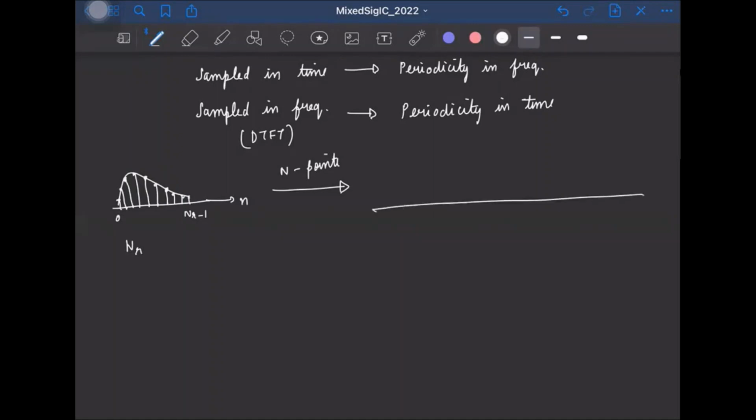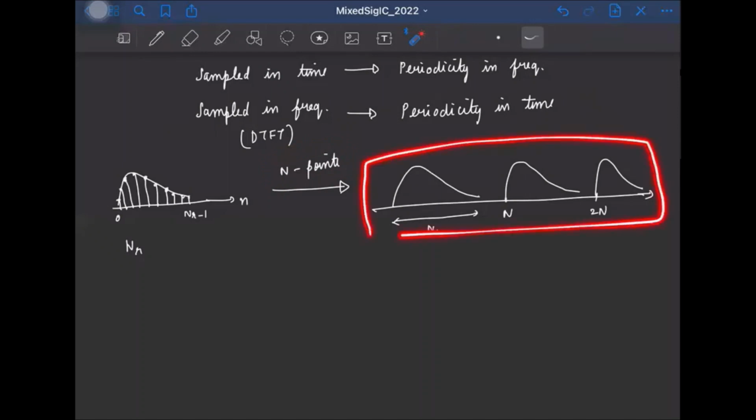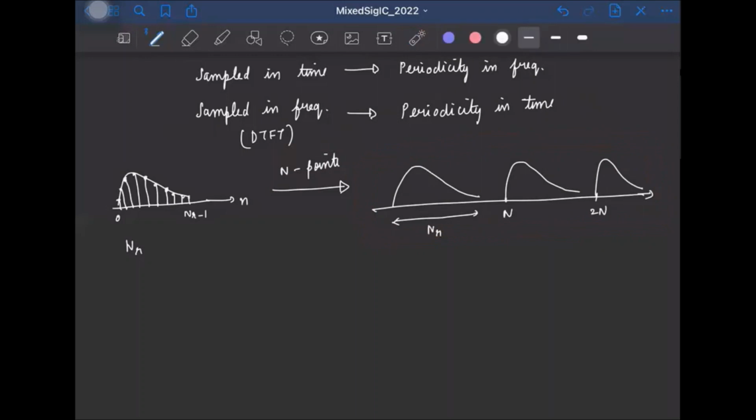What I'll get is the following. I'll have the same signal, but I'll also have a periodic repetition of the signal again, and this period will be N. So what this operation, computing the spectrum at N frequency points, does is that it assumes that we have this kind of periodic signal and it computes the spectrum of this periodic signal.